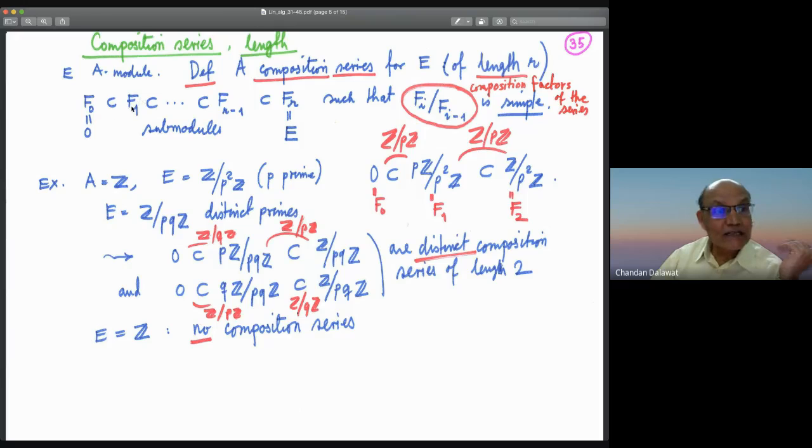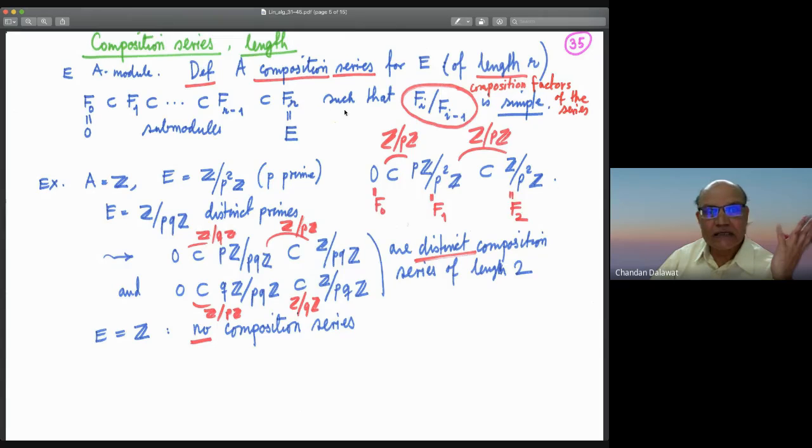The second one is F1, the third one is F2, etc., up to Fr, which should be equal to the whole of E. So it's an increasing sequence of submodules. And the requirement is that the successive quotients, Fi modulo Fi minus 1, should be a simple A module. That's when I call this series a composition series.